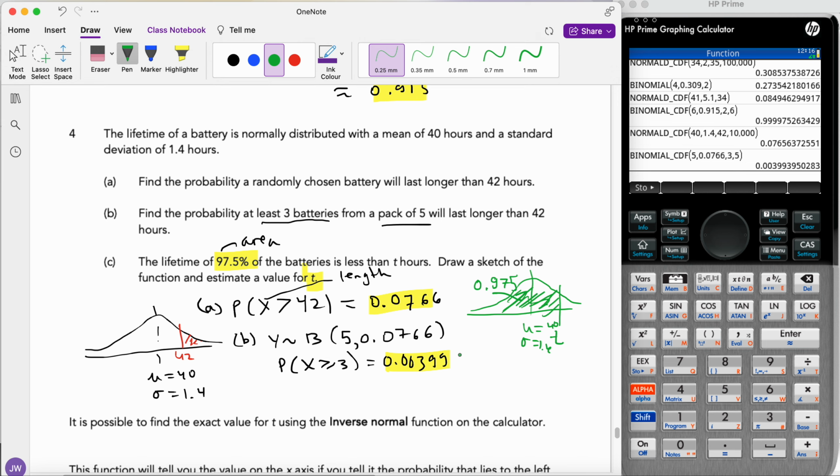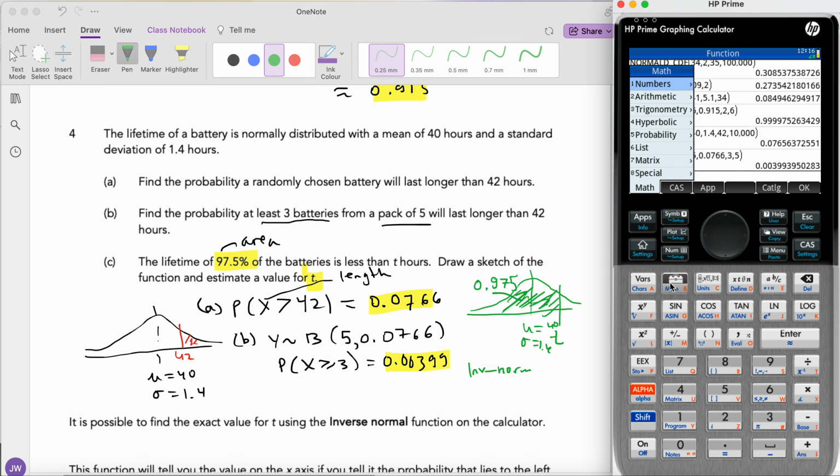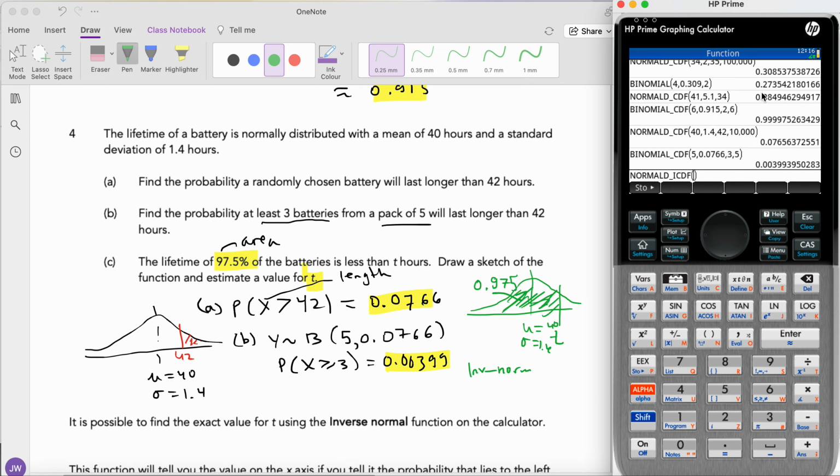So the way that we do that is we're actually going to use the inverse function on our calculator, okay? So we're going to go to inverse normal. Let's do this. So go to probability and then inverse, we're still in normal. And so now what we're going to put in, still going to put in our actual distribution, so the behavior of the variable.